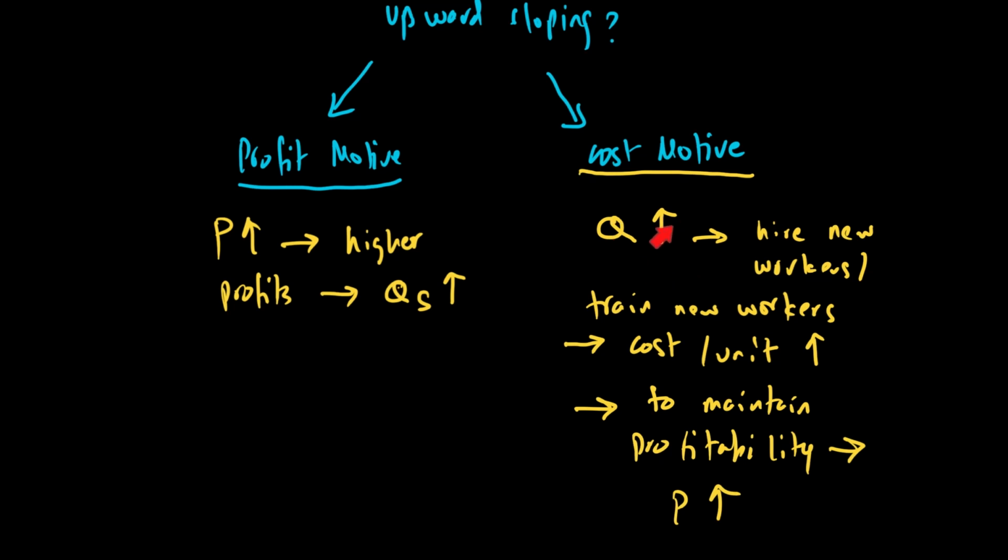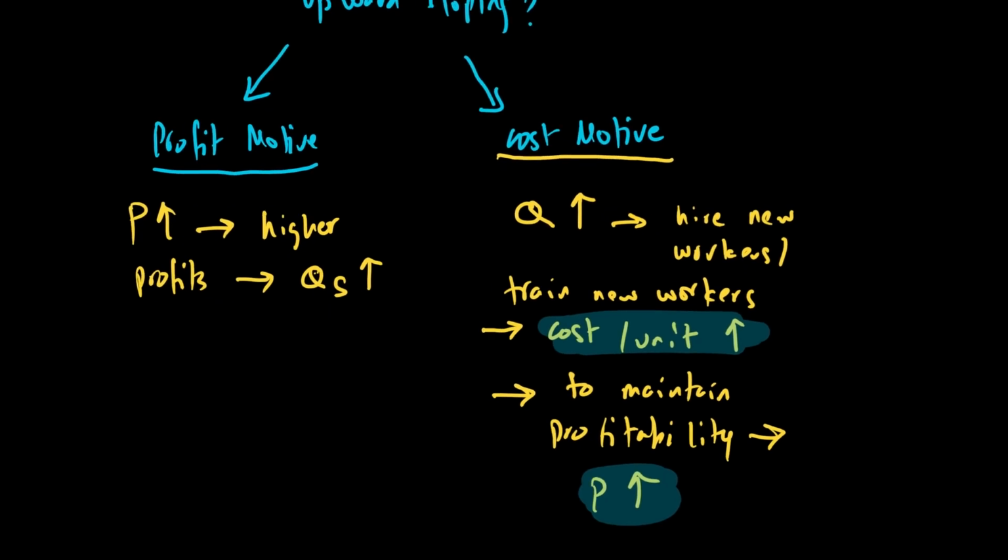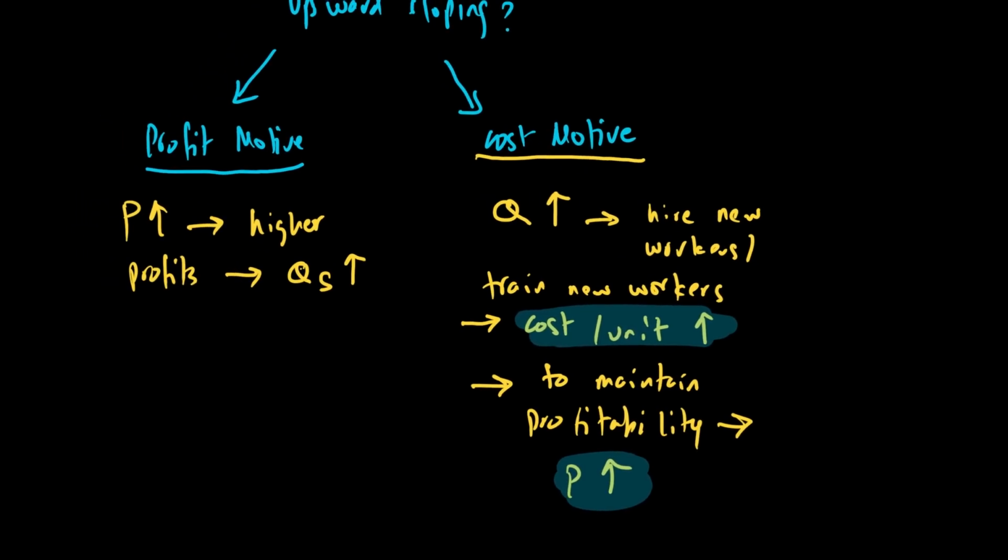But here the idea is from another perspective, where if you're producing more, your cost may go up, and the rise in your cost will make you increase your price so that you can make the same profit, because ultimately, of course, firms are producing more to make more profits, right? So they're all profit maximizing firms, as we call them.